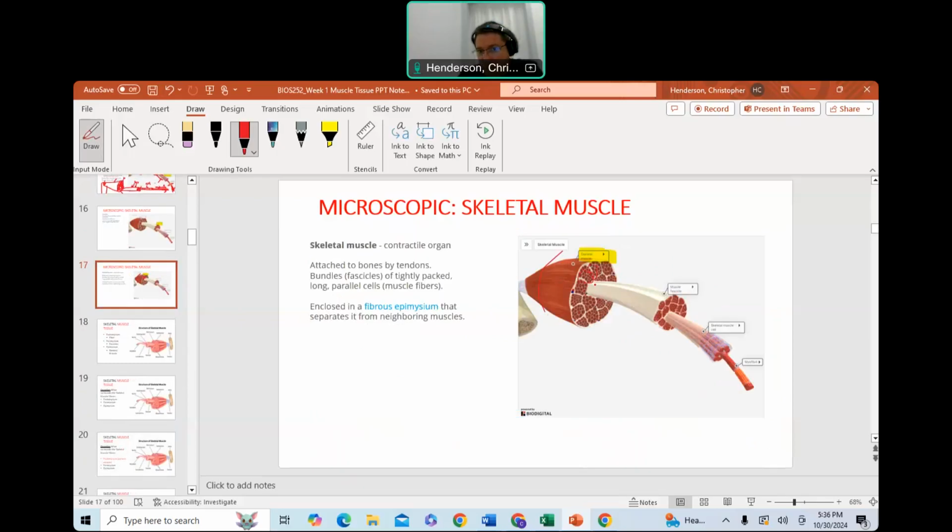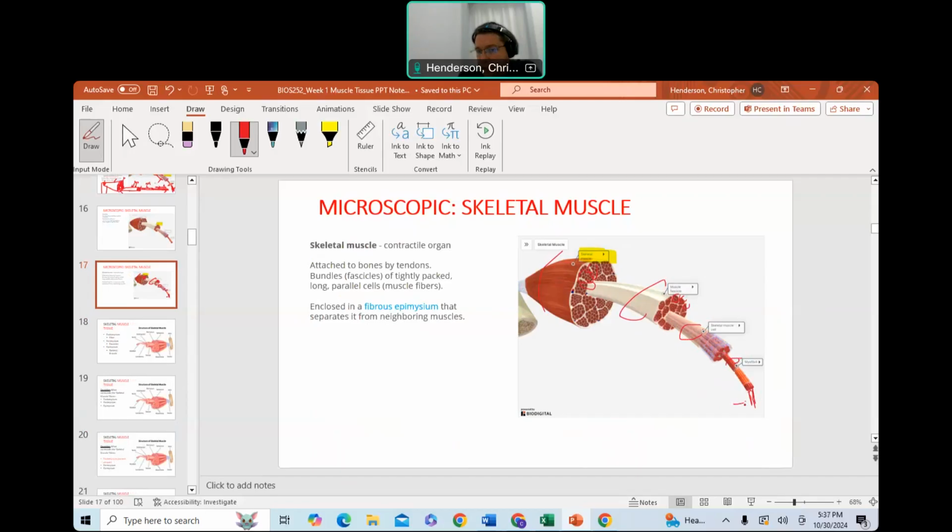What are fascicles made out of? Muscle cells, right here. A bunch of muscle cells. What are the contractile organelles that live inside your muscle cells? Myofibrils. What lives inside the myofibrils? The myofilaments. How are the myofilaments arranged? How are these proteins arranged?